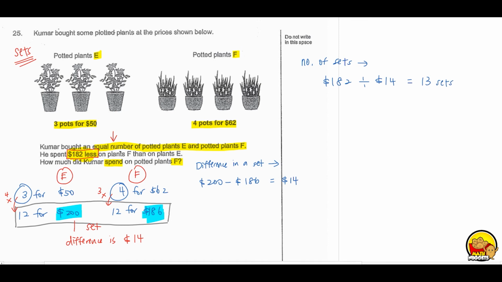So let's go back to the question. They're asking us how much did Kumar spend on F. So for F, one set, he spent $186. So total spent on F would be $186 times 13 sets, which is $2,418.